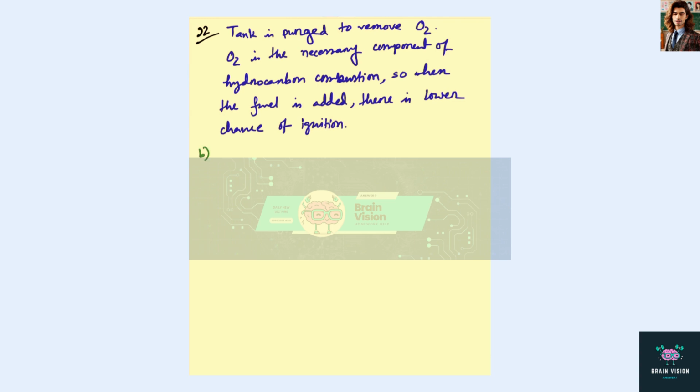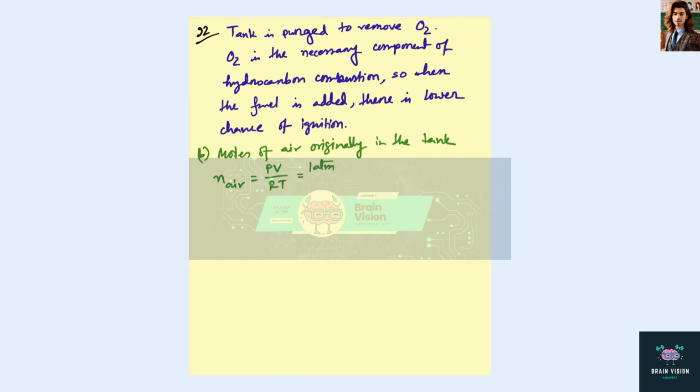Okay, then the next problem B, it says to calculate the gauge pressure and mass of nitrogen. The moles of air originally in the tank is PV divided by RT.